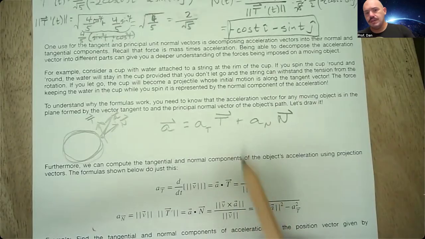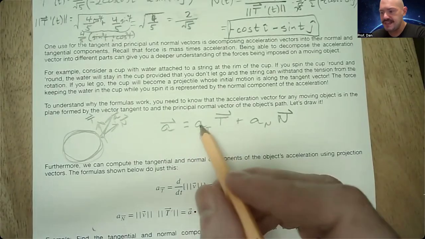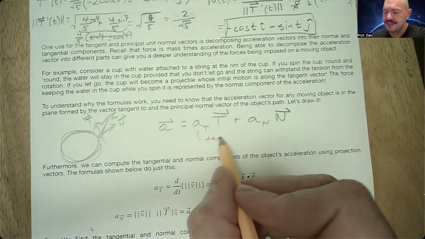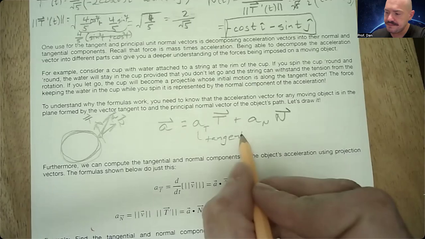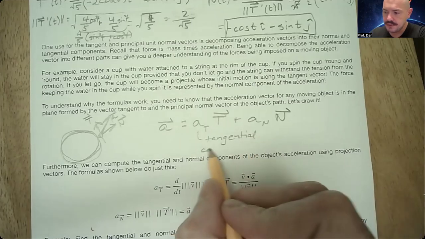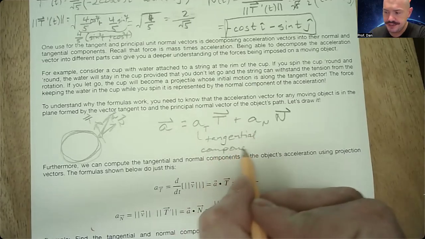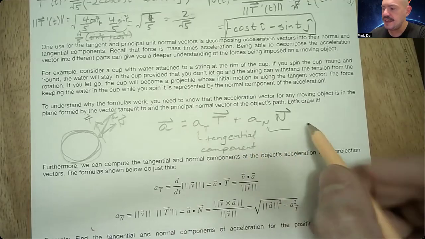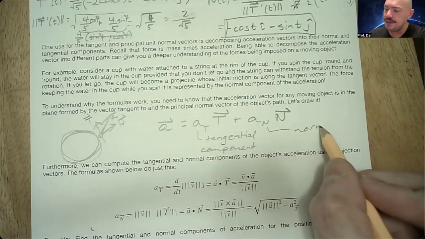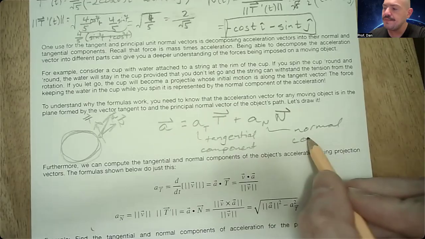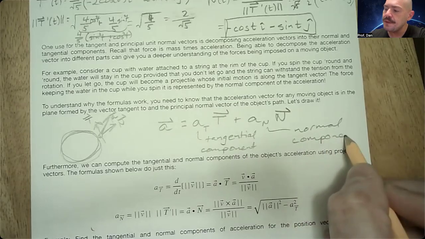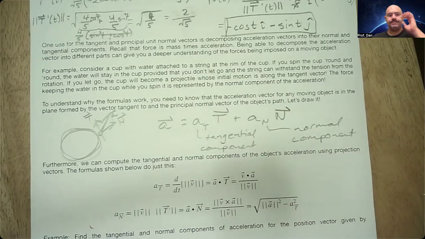So A sub T is what we call the tangential component of the acceleration, and A sub n is what we call the normal component of the acceleration.